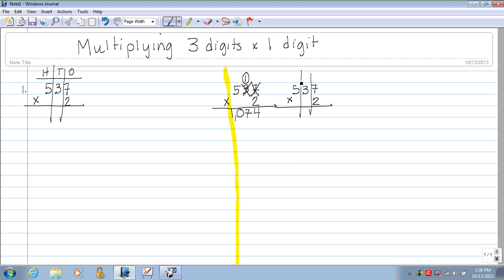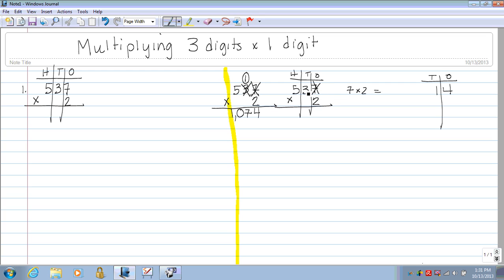Remember, here's our place values. Here is the ones, tens, hundreds. I'm going to multiply 7 times 2, and that equals 14. I'm going to do this too to make sure we get our place values correct. Cross that out.